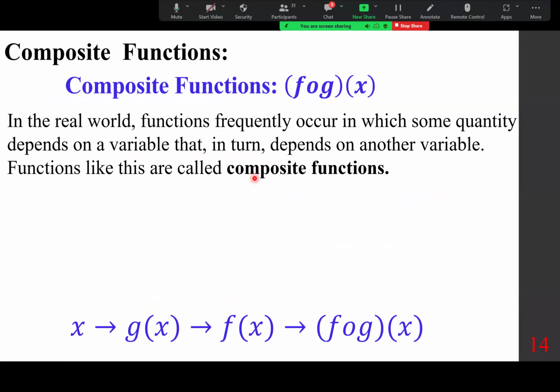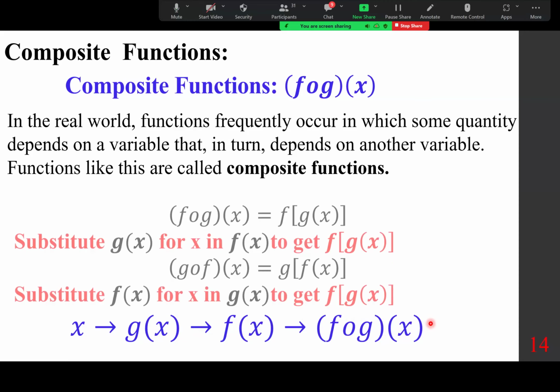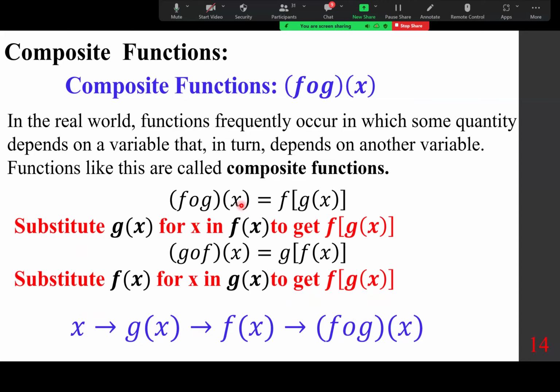In other words, think of the function machine: x goes to g, becomes g, and goes to f, comes out as f, and the result is f of g. f of g of x is f of g of x. Substitute g of x for x in f of x to get f of g of x.